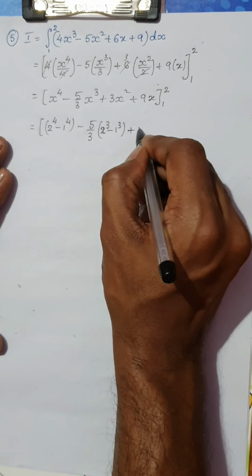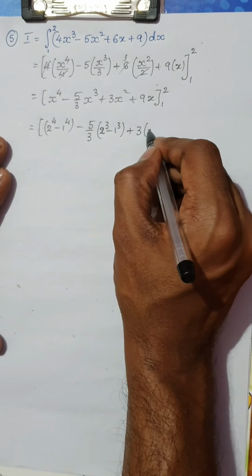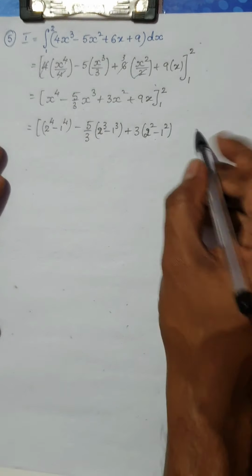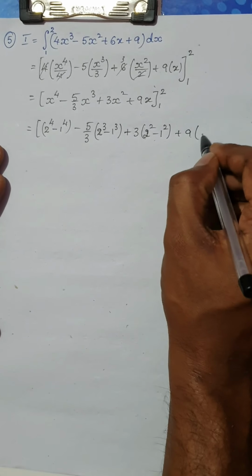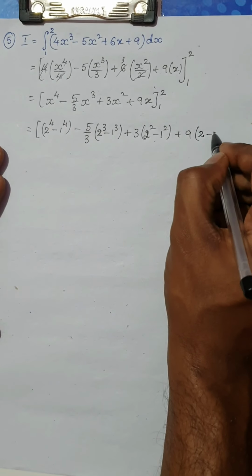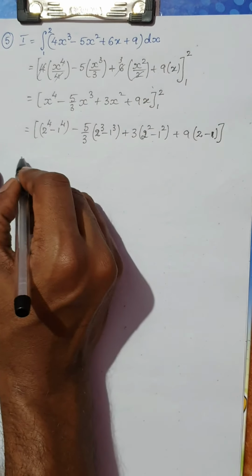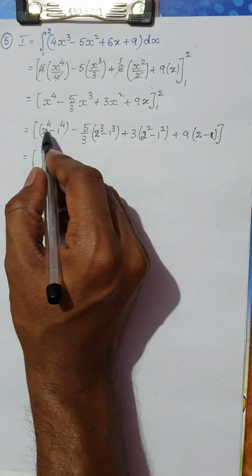Okay. Similarly, plus 3 is a constant. This is 2 square minus 1 square. Okay, finally plus 9 is a constant. Upper limit is 2 minus lower limit is 1, and we are going to simplify this. So this is nothing but, now what is 2 power 4?